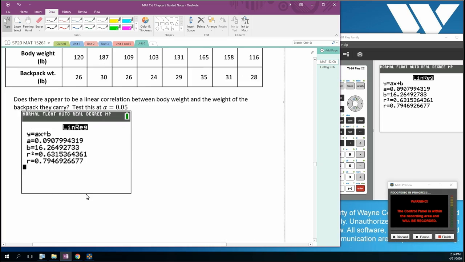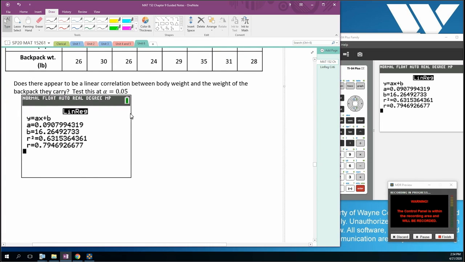For the null hypothesis, rho will equal 0. For the alternative, rho will be greater than 0. So R is 0.7947. Now, if we have n equal to 8 pieces of data, that means we have 6 degrees of freedom.